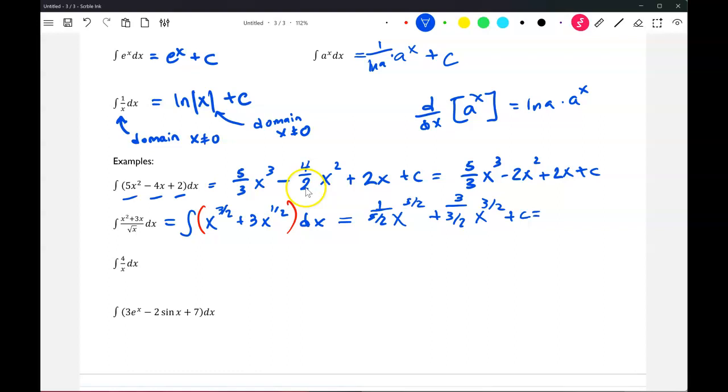Simplifying all that stuff, we get 2/5 x to the 5/2, and then 3 divided by 3/2, we flip that fraction in the bottom over. 3 times 2/3 is 2x to the 3/2 plus c.